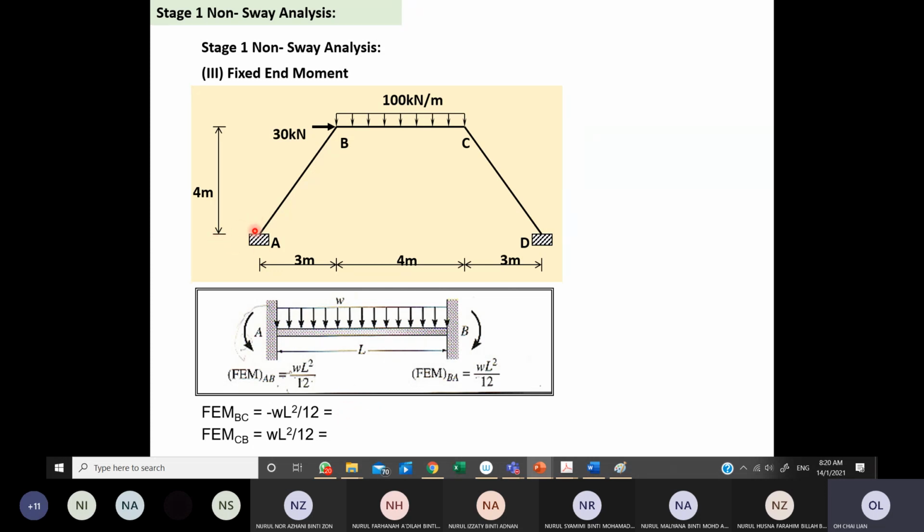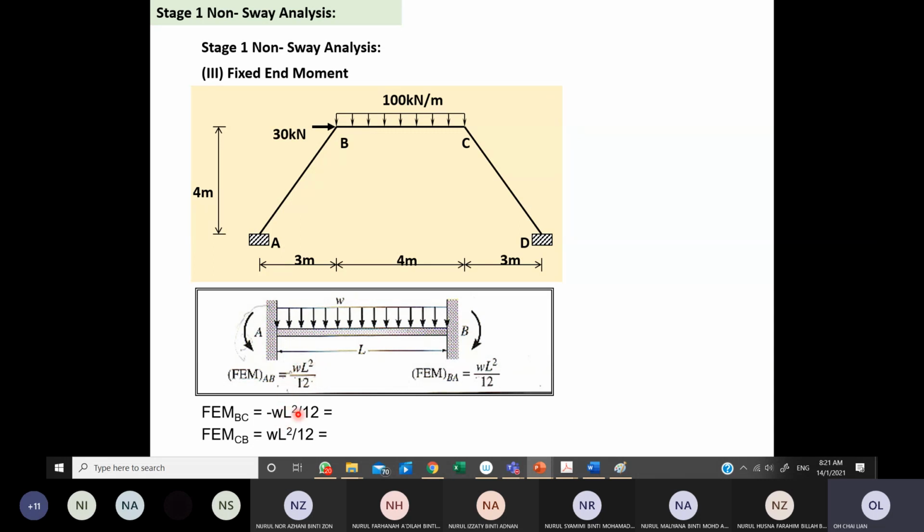You need to identify the fixed end moment if there is any loading on the member. If you see AB, there is no loading. BC, yes, there is 100 kilonewton per meter. CD, there is no loading. So only member BC. You find the appropriate case from your appendix and get the right equations.